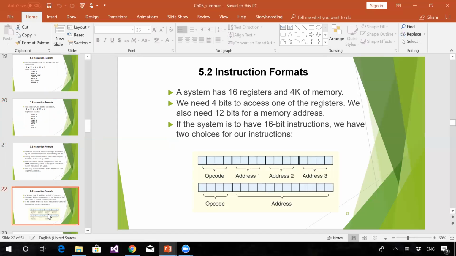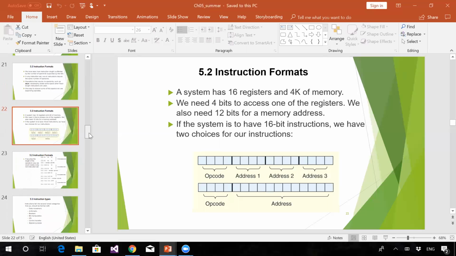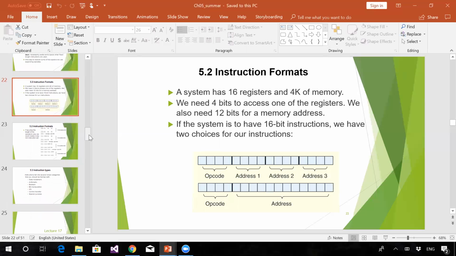So there are more discussions, but the interesting thing here is that the PowerPoint is saying that whenever there is an instruction set architecture, Marie has an opcode and then the address.